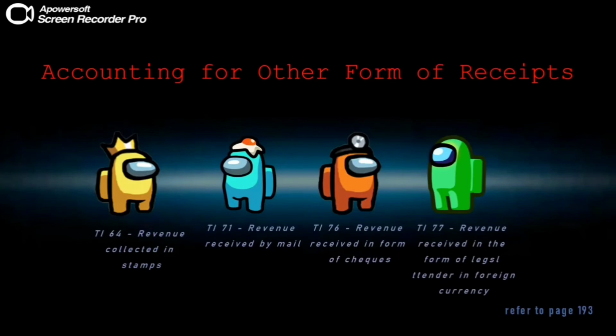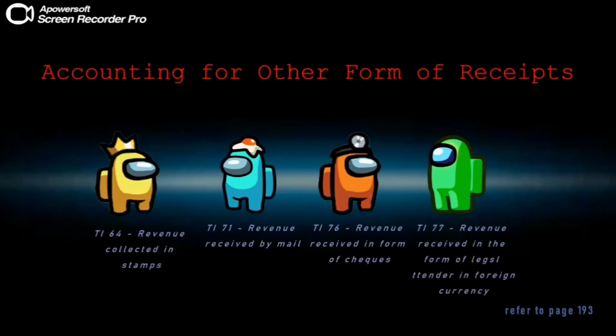TI 76 is about revenue received in the form of checks. All checks must be crossed, not negotiable, and made payable to the appropriate department or the Accountant General or the state accountant, which is state treasury. Check number and amount of each check must be shown on the receipt.